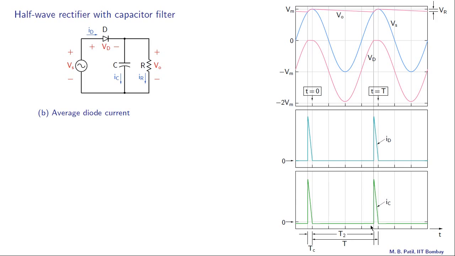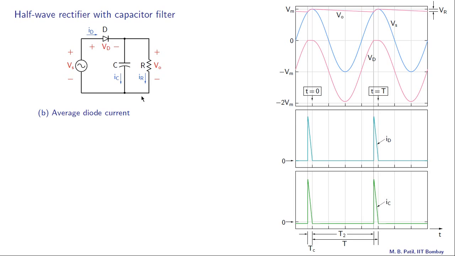And now charge conservation requires that the integral under this curve should be exactly equal and opposite to the integral of this curve, or the area under IC in that interval. So that is our starting point, and let us see what that implies.